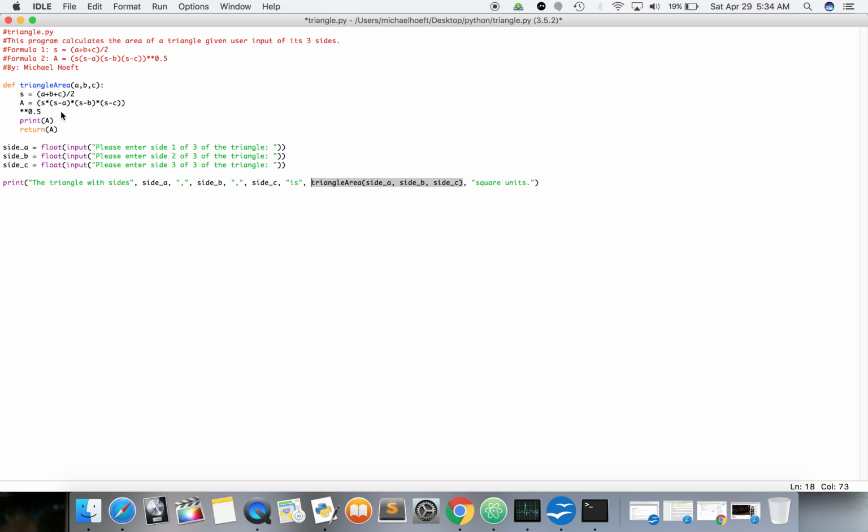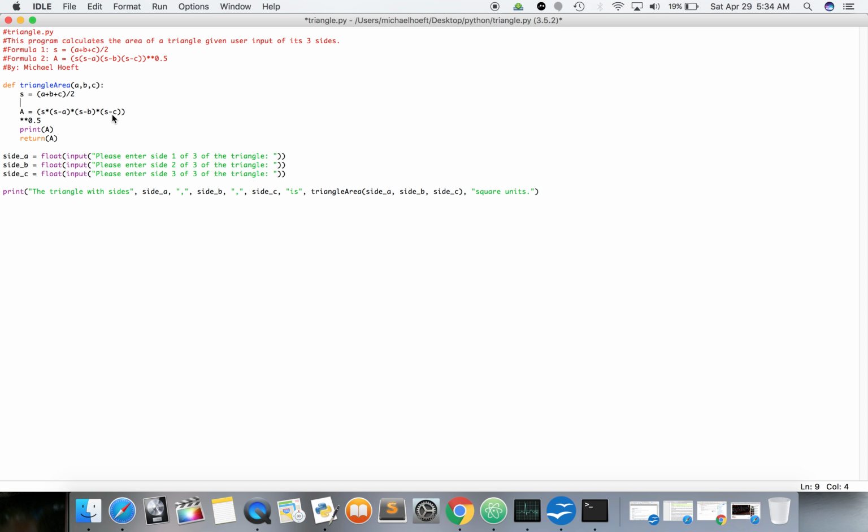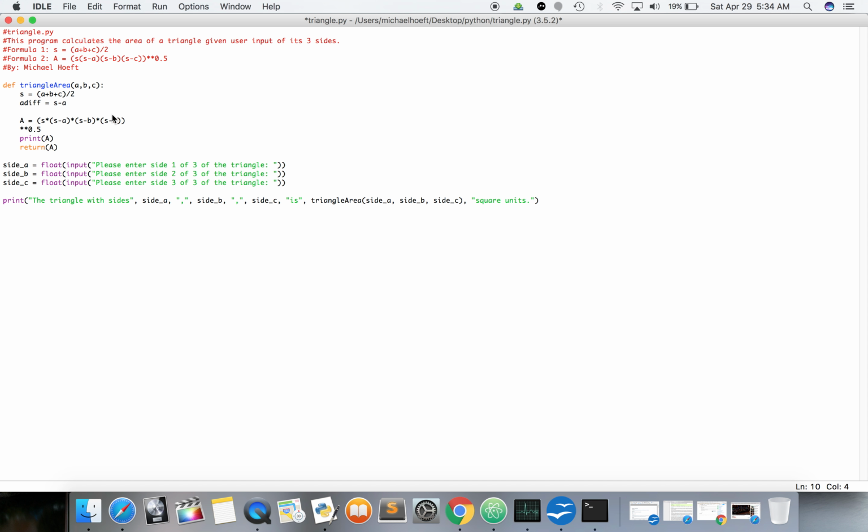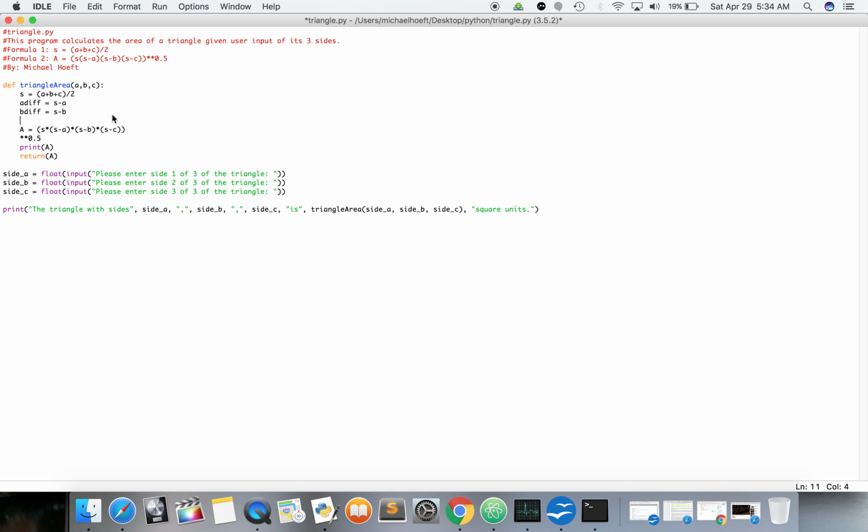It's going to be S times... So let's mix it up. Let's do A diff equals S minus A. B diff, which is B difference, equals S minus B. C diff equals S minus C. This might not be a good solution.